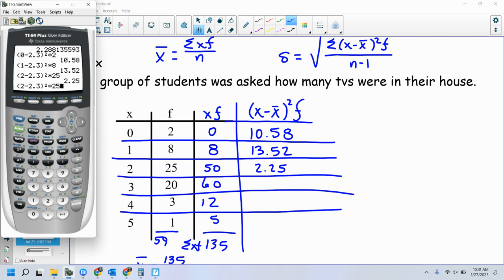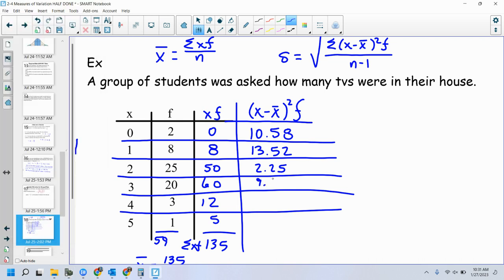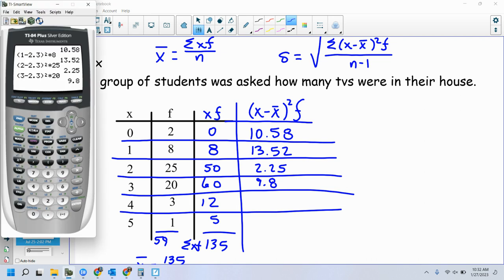Now I do the same thing with a 3 response, and 20 people said 3. 9.8. But then why is the first one a smaller number than the second? Because only 2 people said it. It was further away from the mean, but only 2 people said it. And then 4, how many people said 4?